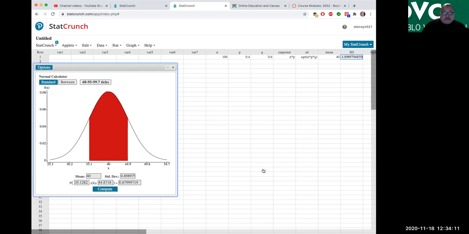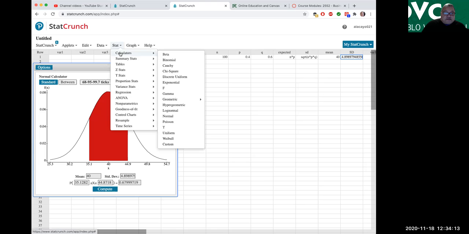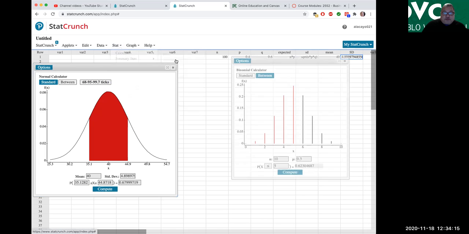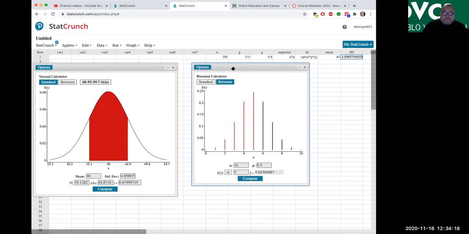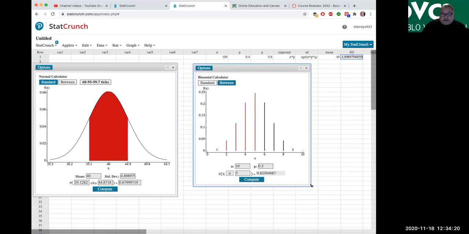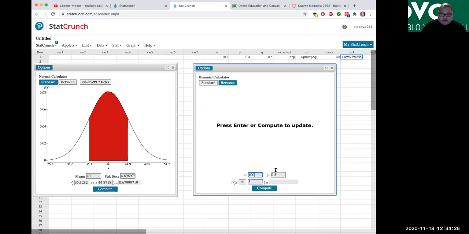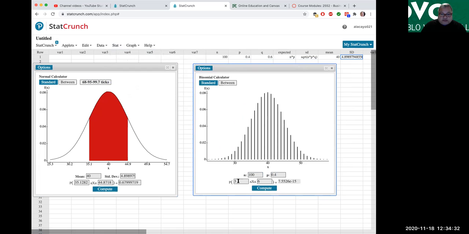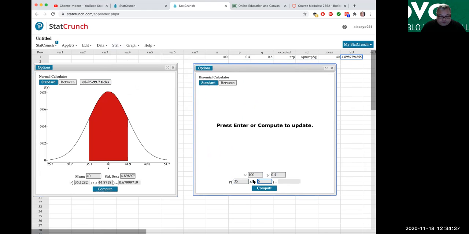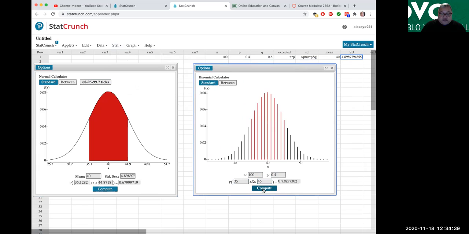Now what I'm going to do is open a calculator, stat calculators, binomial. I'm going to open the exact calculator, and where n equals 10 right now, I'm going to set that to 100, and where p equals 0.5, I'm going to set that to 0.4. And then I'm going to set this to the between model, and I'm going to set the bottom number to 35 and the top number to 45. And I should also see roughly 68%.